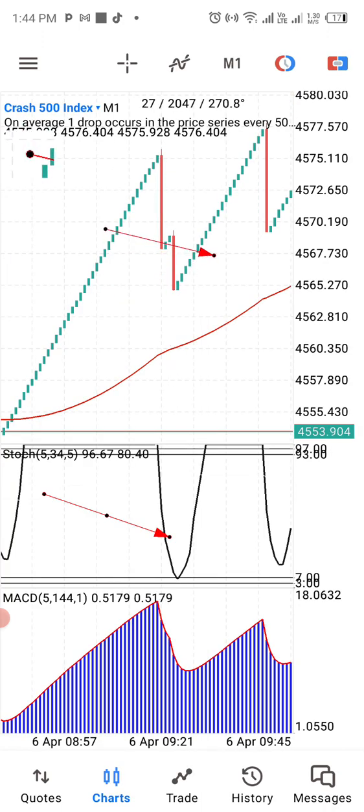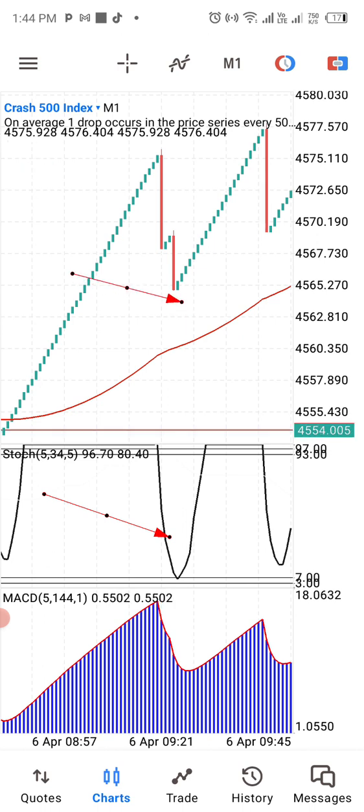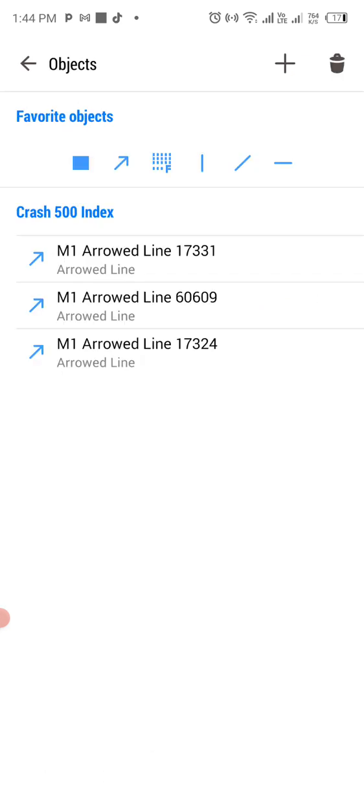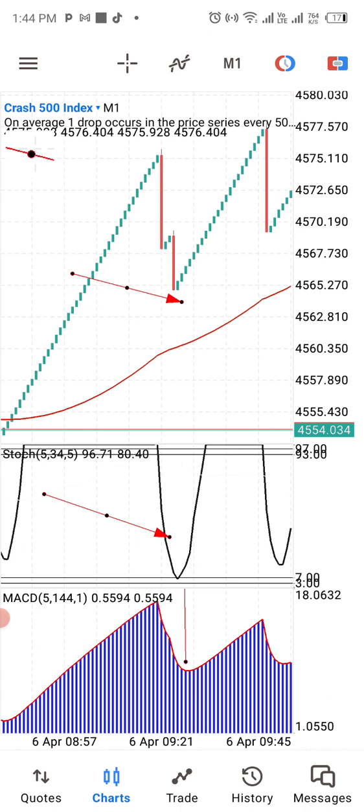Our price or the candle is above 144 EMA. Sorry, 144 linear weighted moving average. The second condition is our MACD bars, they are above zeros. Yeah, all of them, they are above zeros.